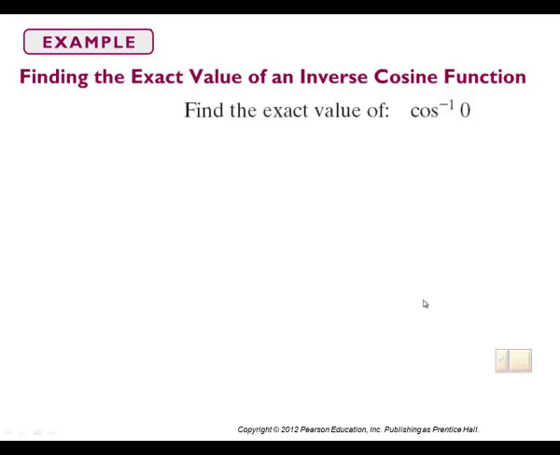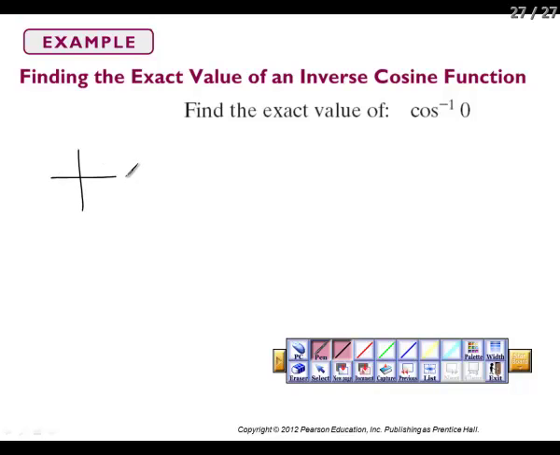Alright, now let's find the exact value for inverse cosine at 0. So if we have our unit circle here, here's 1, 0 for cosine and sine, pi over 2 is 0, 1 for cosine and sine, and at pi, -1, 0 for cosine and sine.